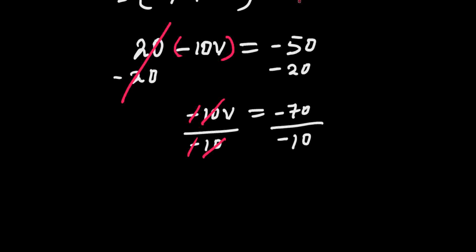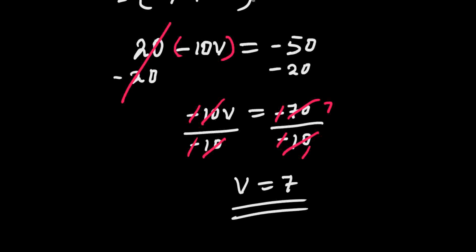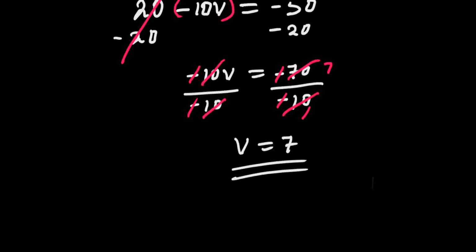On the right side, negative will cancel negative from here, and 10 divided by 10 is 1. 70 divided by 10 is 7. So now v equals 7. So this is the answer to this question, and I hope it makes some sense. All right, let's go on to the next question.